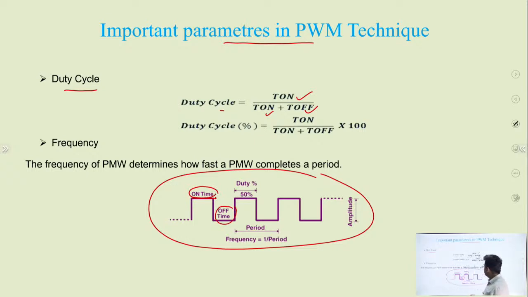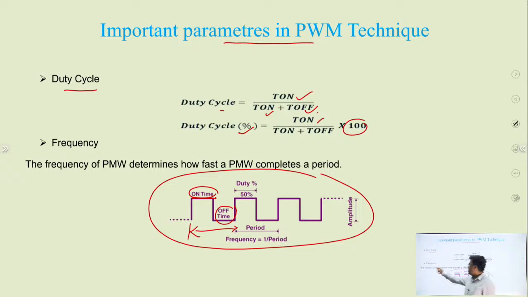So this is the total time, the on time plus off time, called one period. If we multiply T on upon T on plus T off by 100, it is known as the percentage of duty cycle. This is an important point to know, the duty cycle of this pulse or the supply.